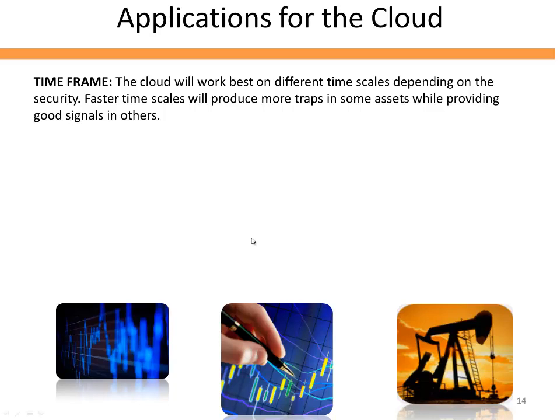Applications for the cloud, okay? The cloud will work best on different time scales depending on different securities. The faster, okay? The faster the product moves, the shorter you want to make the time period. Forex is really, really slow, right? It takes so much to move the Forex market, okay? Like massive, massive things, okay?